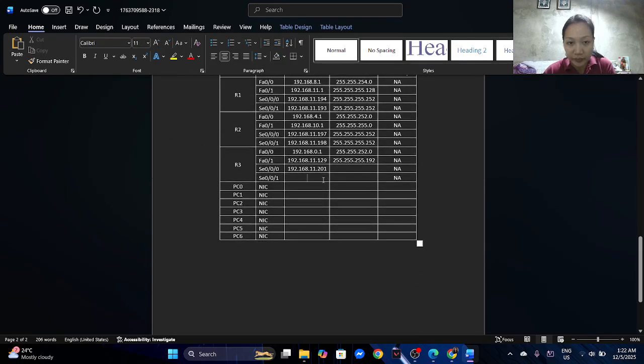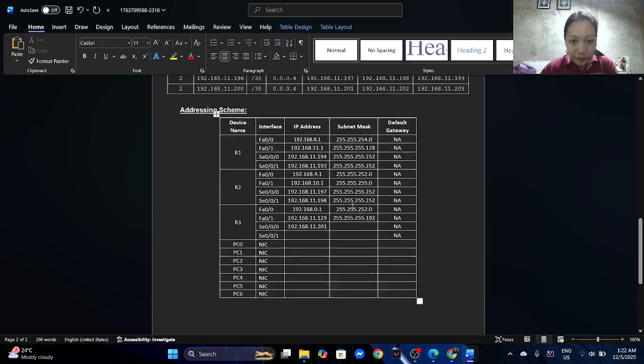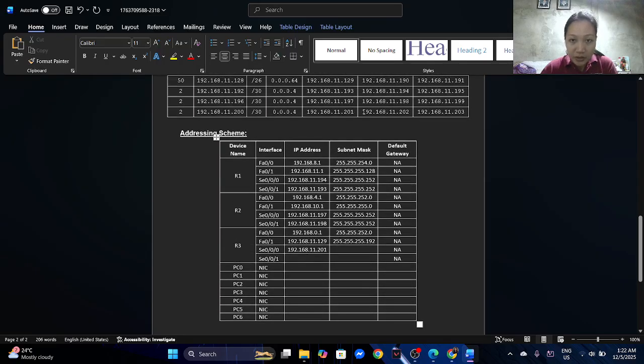So it is the last usable IP, which is 192.168.11.202. So ang subnet mask ay same lang with routers 1 and 2.